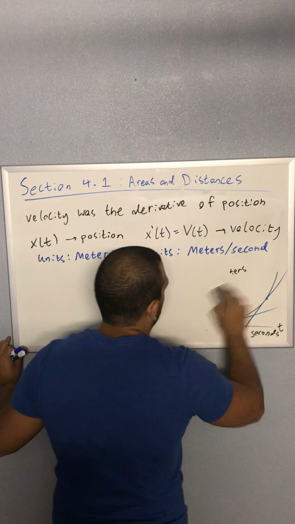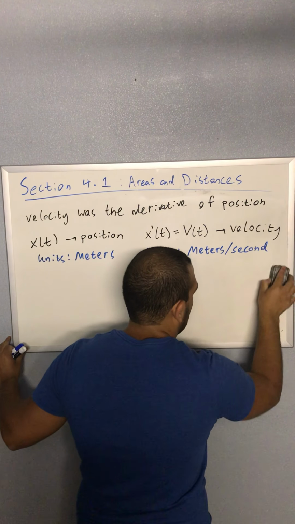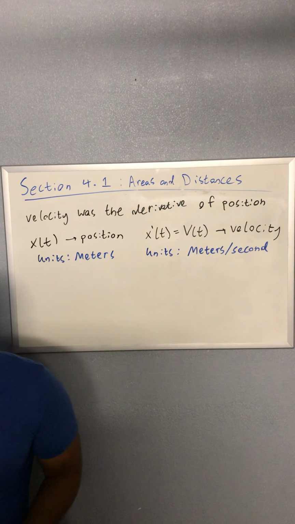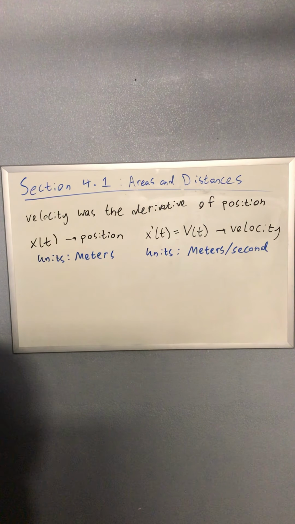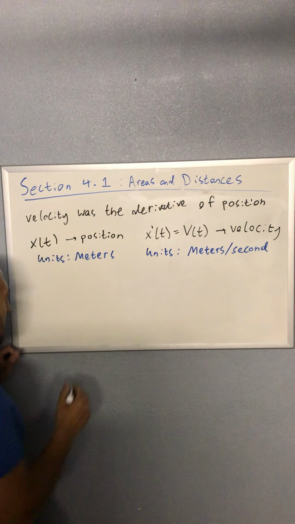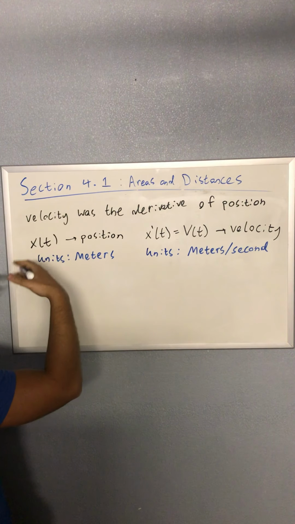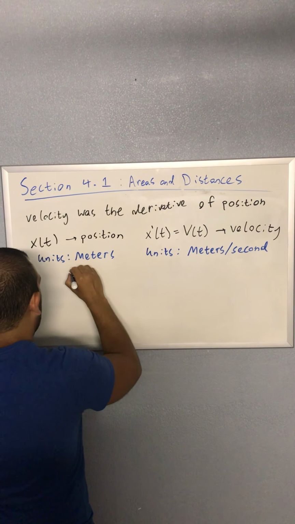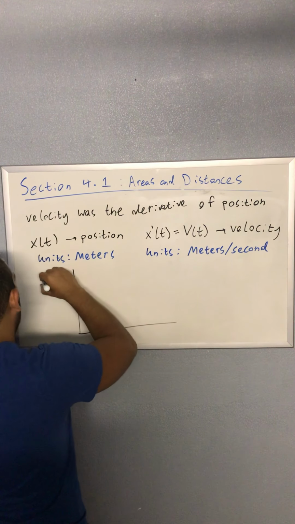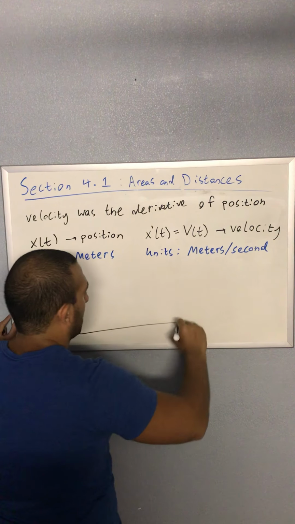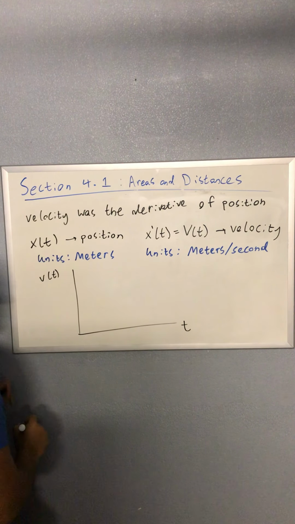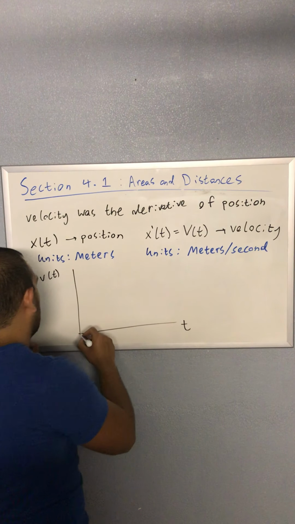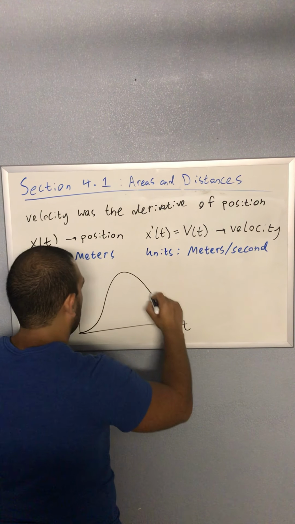Now let's say, instead of being given the graph of the position, you're given the graph of the velocity of the person. So you have v of t, and then you have t here. And let's say it looks something like this.